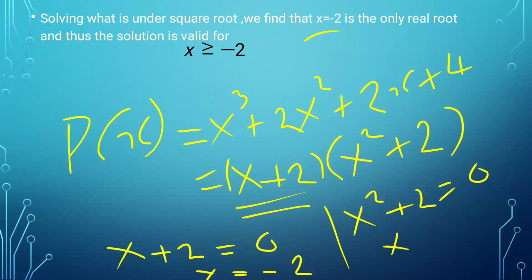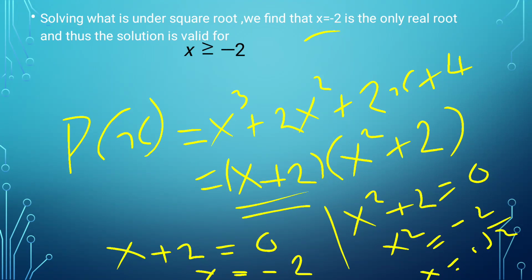We'll have x squared being equal to -2, and x is equal to this, which is basically i root 2, which is imaginary, so that's not real.